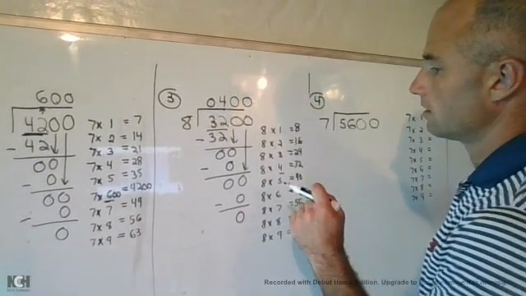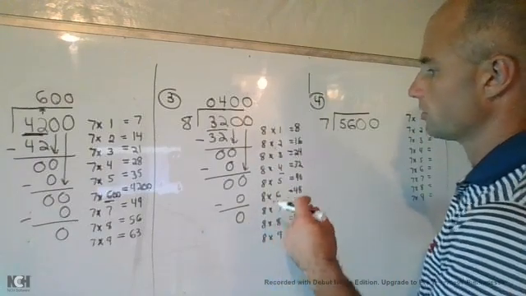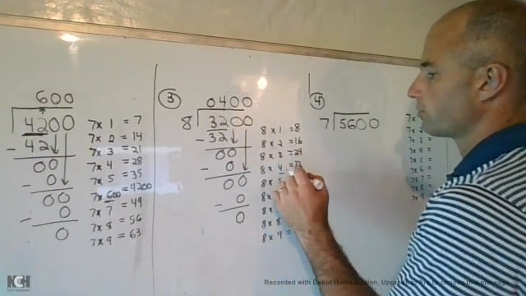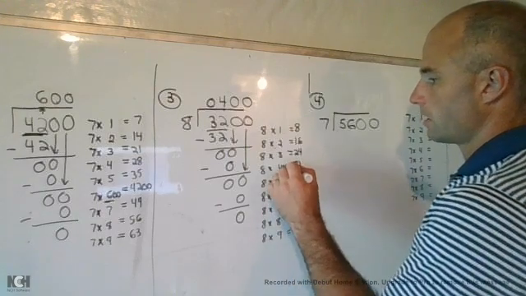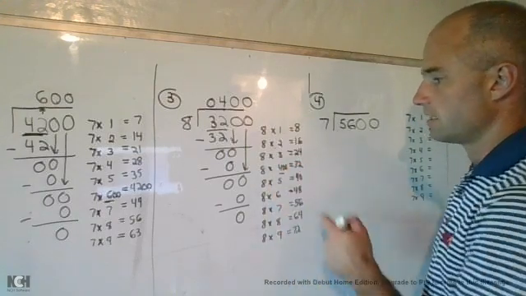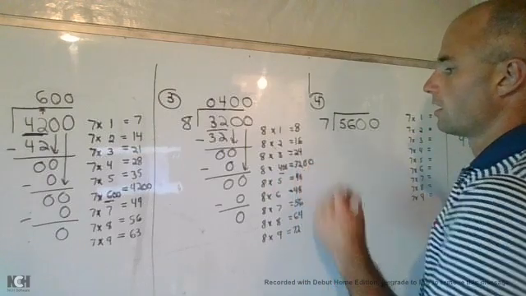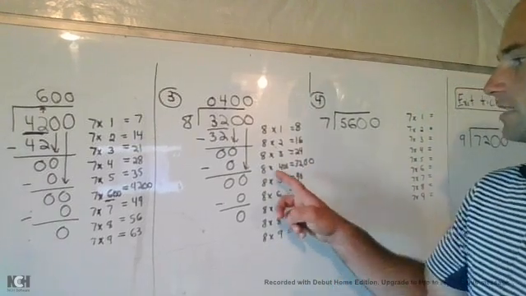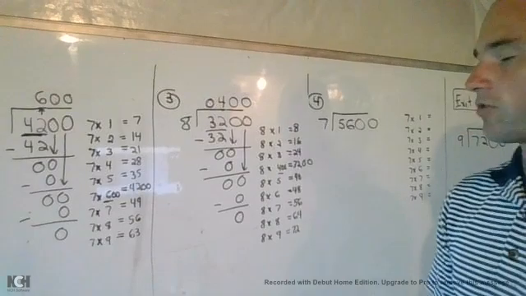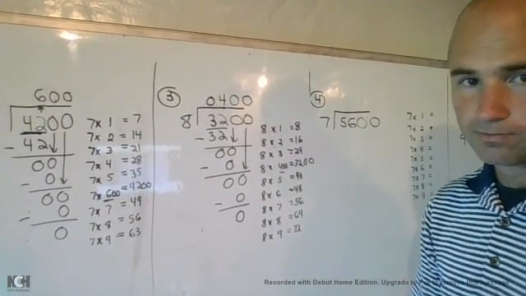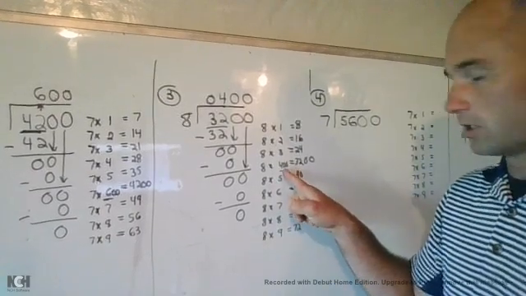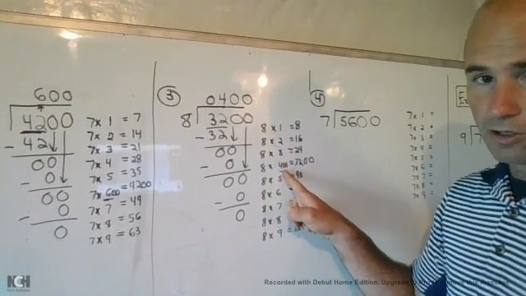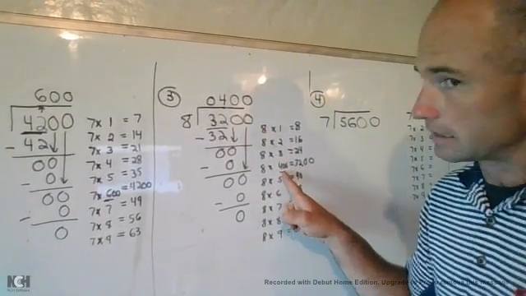And once again, I could use the strategy of multiplying each of these single digits by 100. If I did that, I would have gotten, in this case, 8 times 400 to give me 3,200. If you're multiplying by 100 here, you're not just placing or adding.